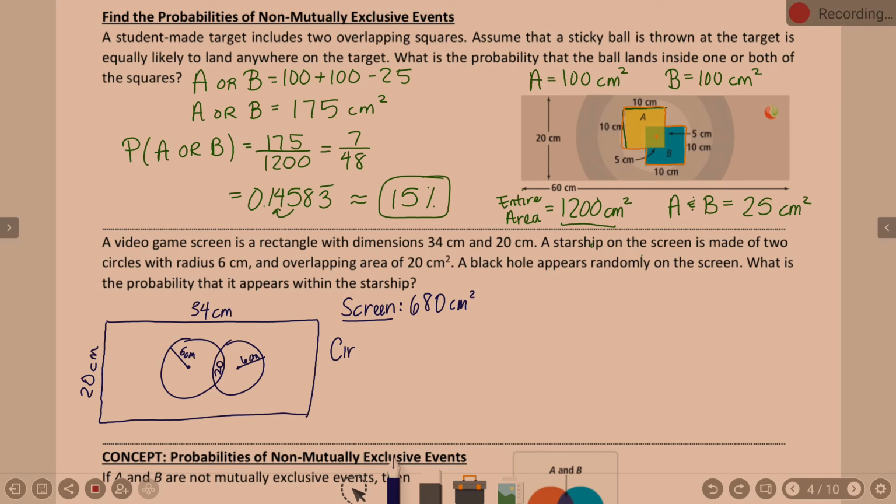Not circumference. What do we need of the circle? Radius, diameter. We have the radius. What are we trying to find on the circle? The area. Okay. This is where my classes have been getting quieter.